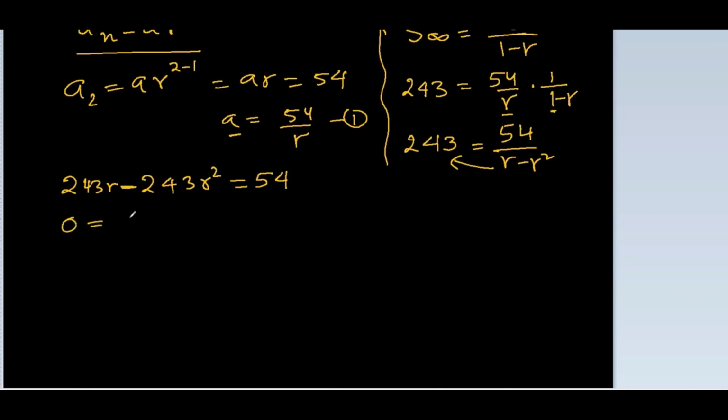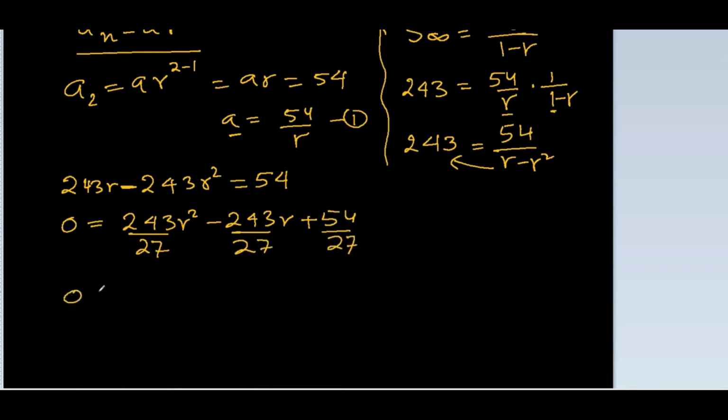So 0 equals 243 R square minus 243 R plus 54 is the simpler form, and all of them are multiples of 27. You can use your calculator directly to do that. I'm doing it this way because I want to simplify the equation. Otherwise it's very simple if you use your calculator. It becomes 9 R square minus 9 R plus 2.